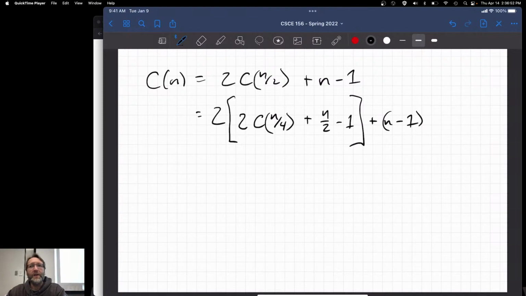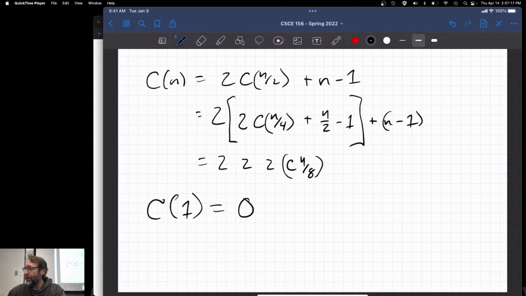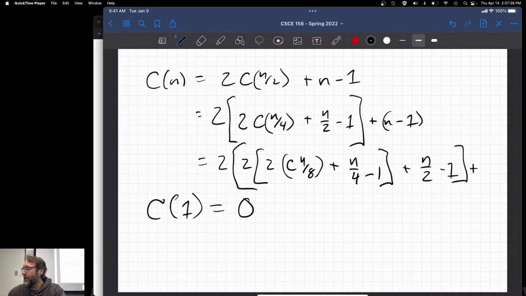And you do it again and over and over again until you get down to the base case, where you've got an array of size 1. C sub 1 is 0. You don't make any comparisons. What's one more iteration of this unrolling? 2 times 2 times 2 of c sub n divided by 8, plus n divided by 4 minus 1 plus, don't lose the original, n divided by 2 minus 1 plus n minus 1.